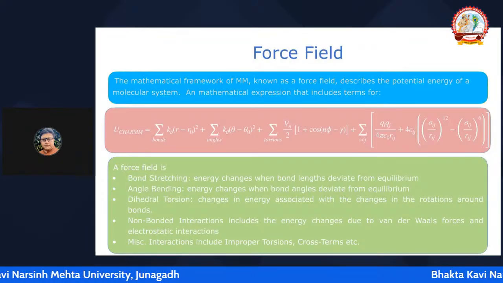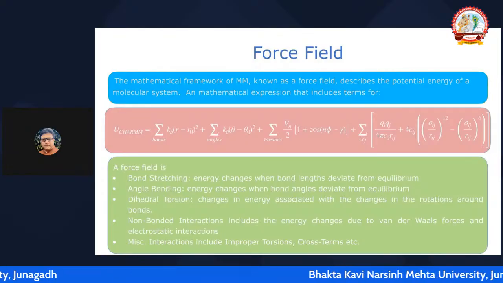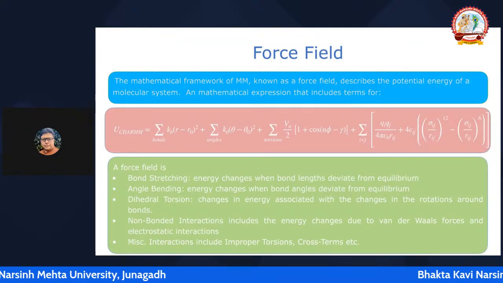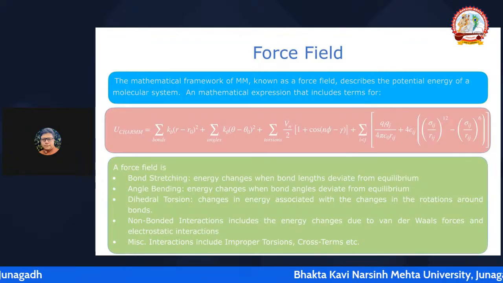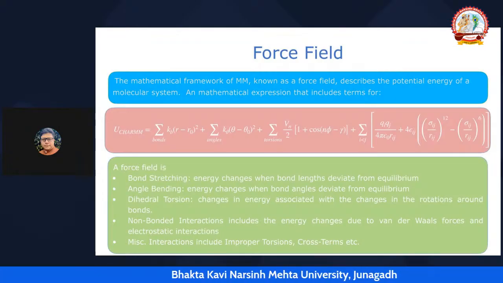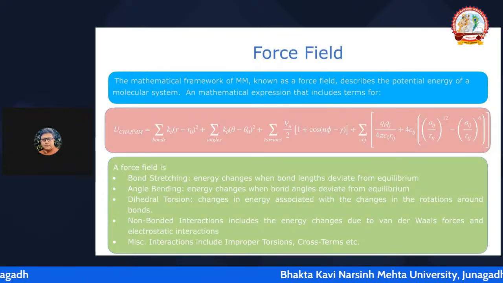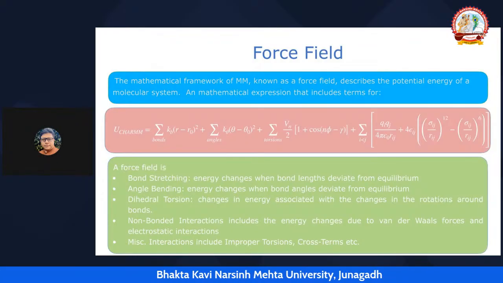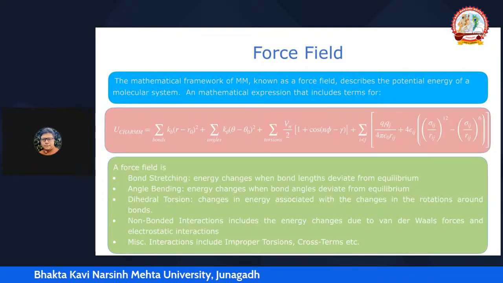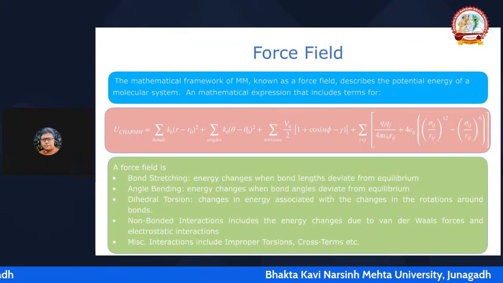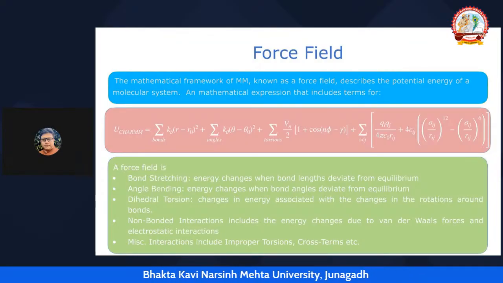The first term in this equation is with regards to bond, the second term is with angle, the third term is with respect to torsion, and the fourth and fifth terms are with respect to charge and van der Waals interaction.